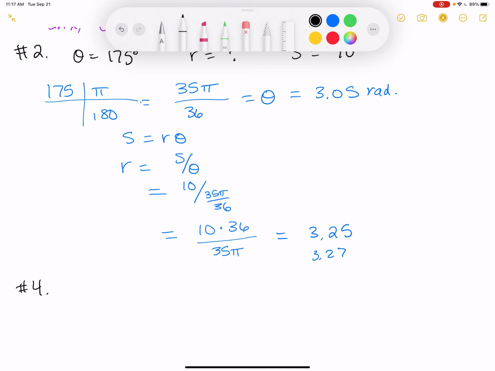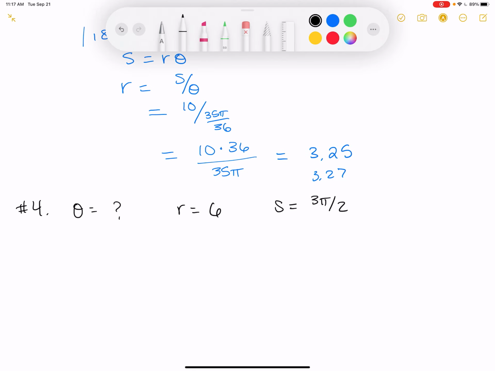All right, number 4, theta is what we don't know. Radius is 6, and arc length is 3 pi over 2. S equals r theta. Need theta by itself, so I'm going to do S divided by r. So 3 pi over 2, all divided by 6, which is the same thing as multiplying by 1/6.